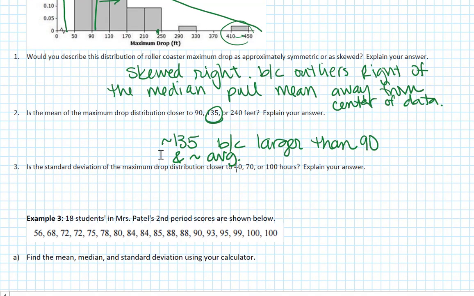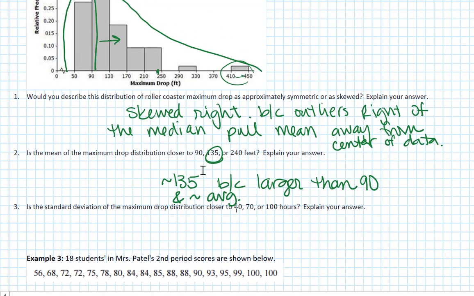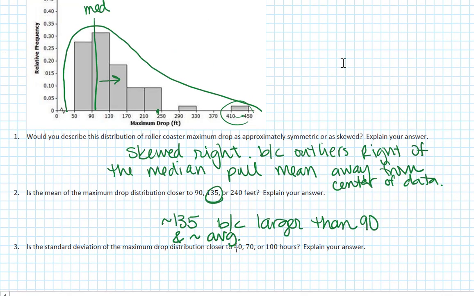Is the standard deviation closer to 40, 70, or 100? So now that I have a value for the mean, let's get that on here. I said the value of my mean is probably going to be about 135, so I'm going to put the mean right here. So I need to see how much it takes to get most of the data in.